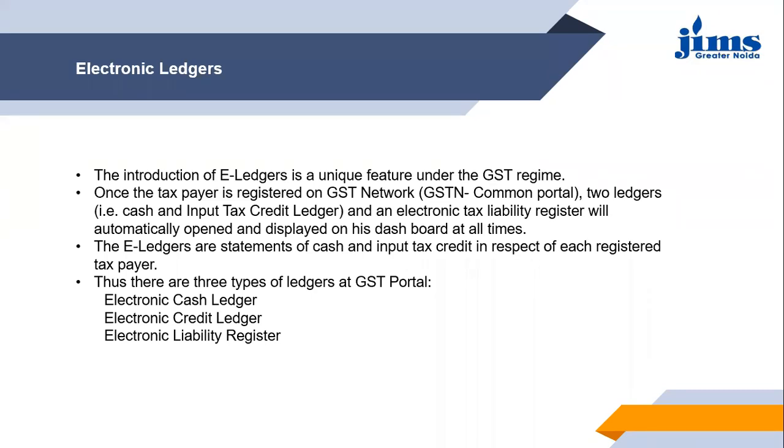So when you get yourself registered under the GST network, that account will tell you every detail of your GST: how much GST needs to be paid, how much you have already paid, how much is the input tax credit that you get out of your payment of the inward supplies. All this information will automatically appear on your GST account, that is through your GSTIN.